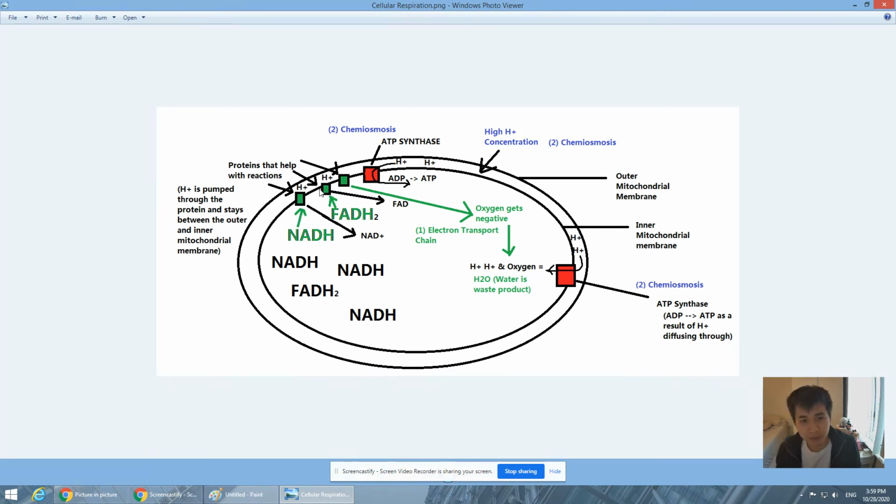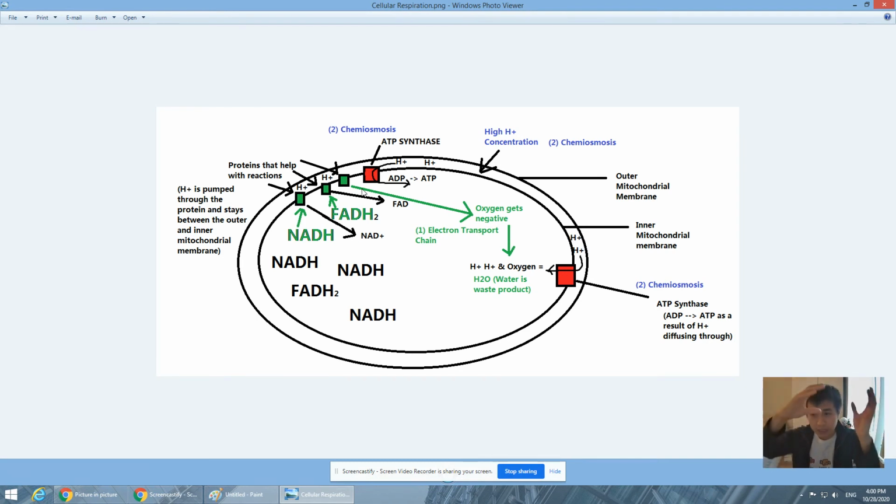So when the electrons are donated, the H pluses are also pumped from inside the mitochondria to between the two mitochondrial membranes. You see how the H pluses are between the outer and inner mitochondrial membrane, right?